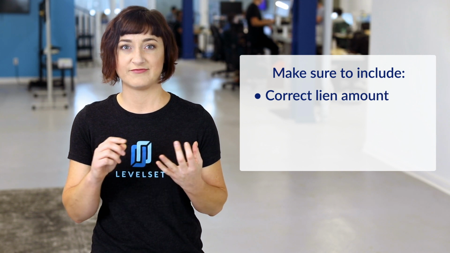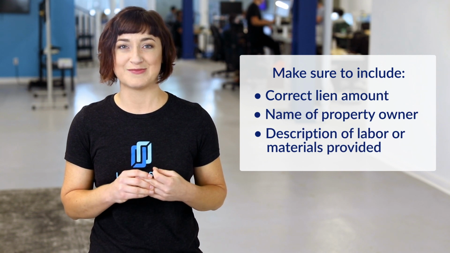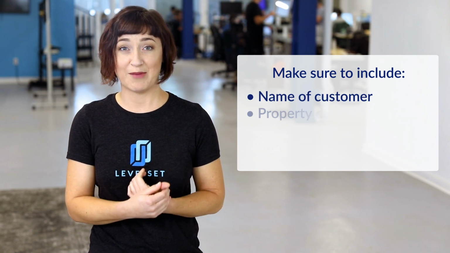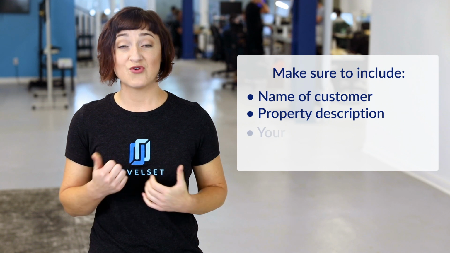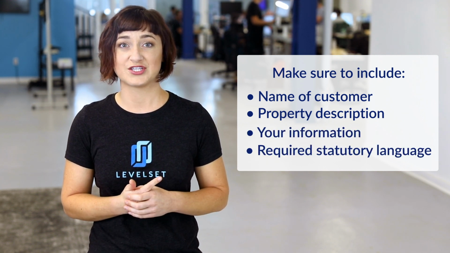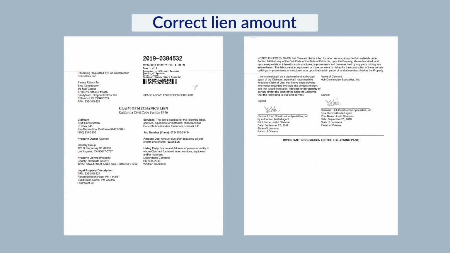So generally, you should make sure to include correct lien amount, name of property owner, description of the labor or materials provided, name of customer, property description, your information, and the required statutory language. So let's talk about each of these elements in detail.